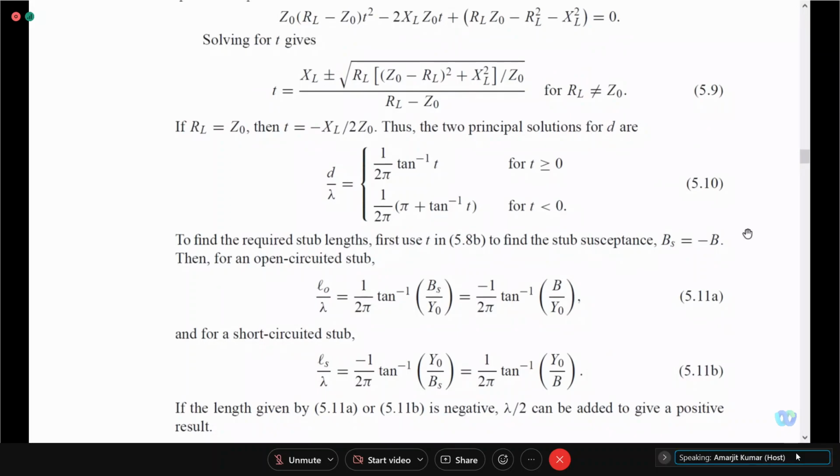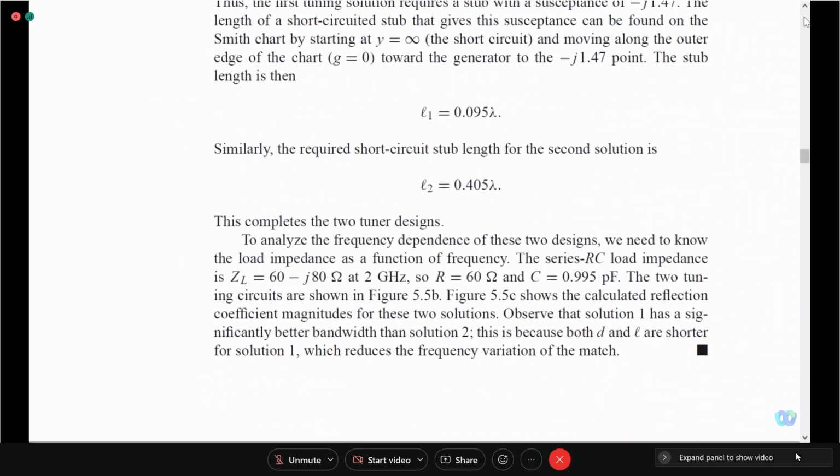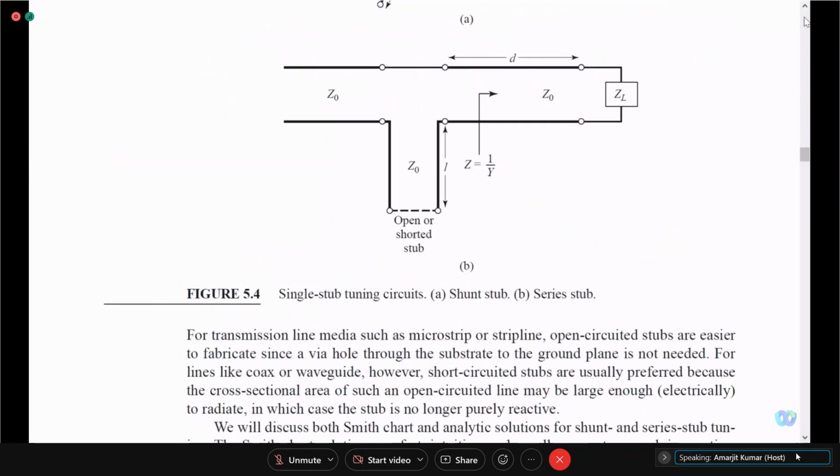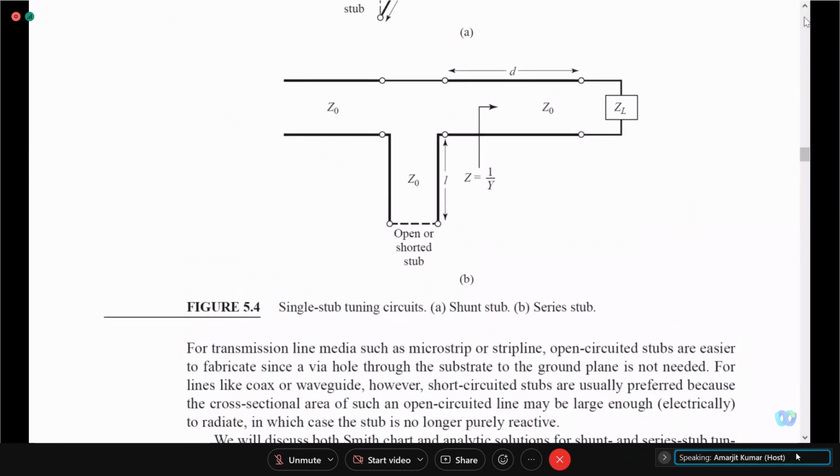Now we can do it for the series stub. So for the series stub, here is the case: single series stub tuning circuit. How is the stub connected here?